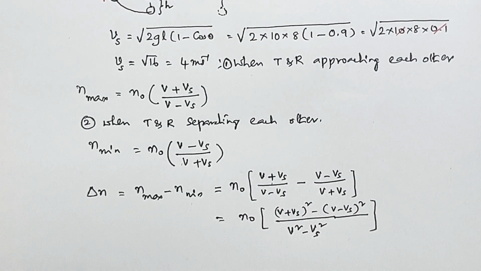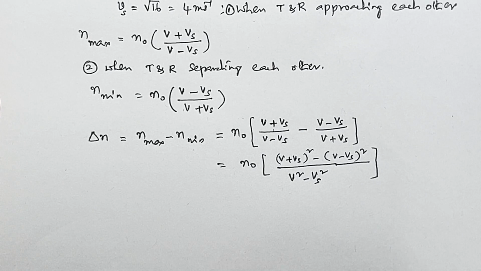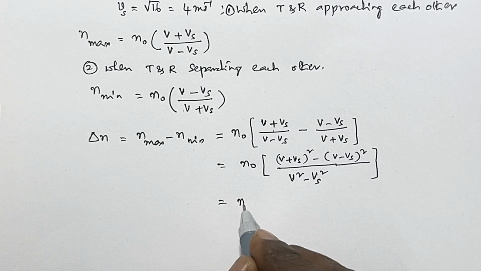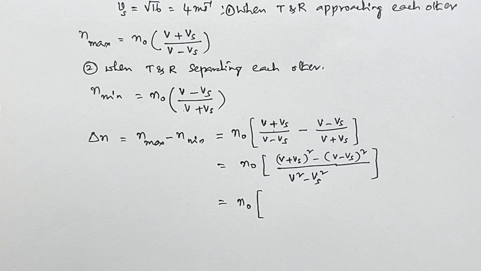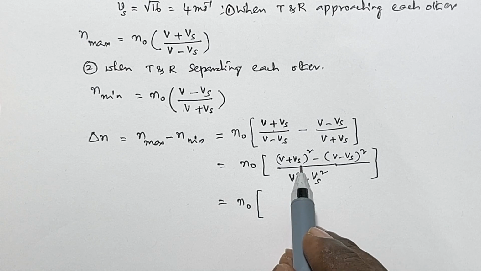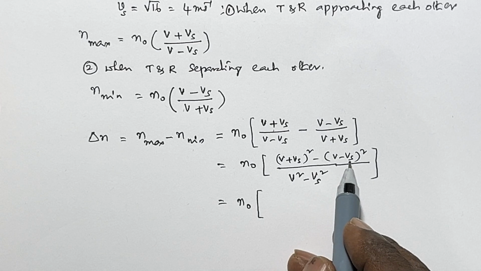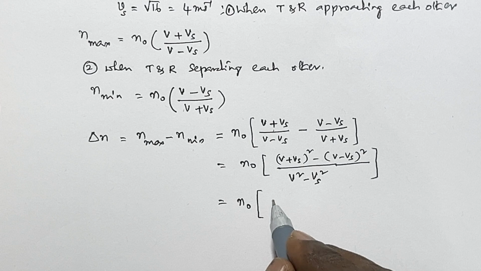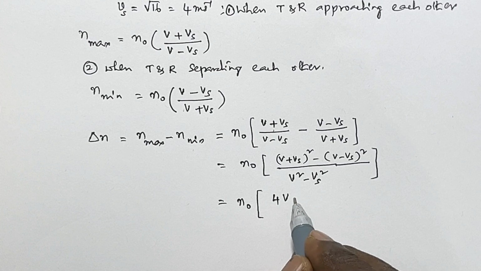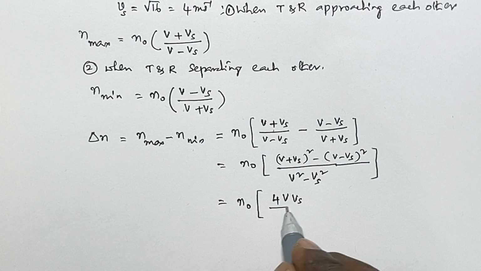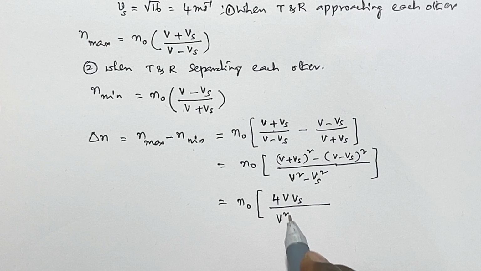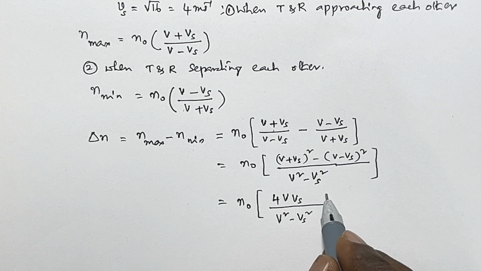This formula we also know: (A plus B) whole square minus (A minus B) whole square is equal to 4AB. So we get 4 V Vs by V square minus Vs square.